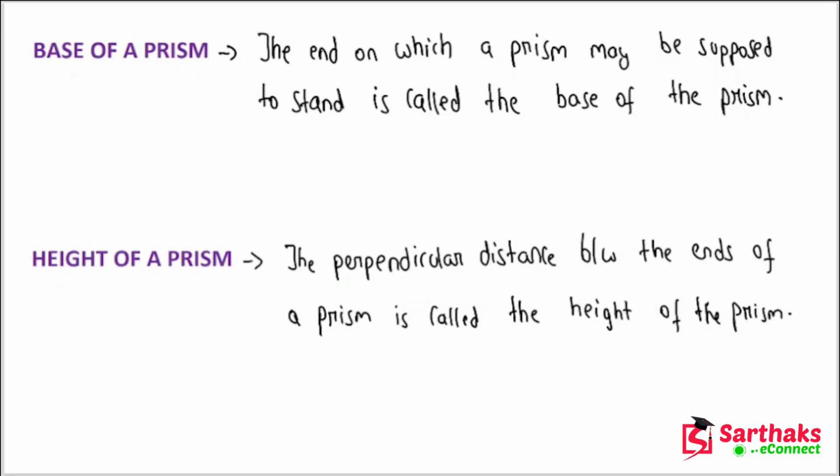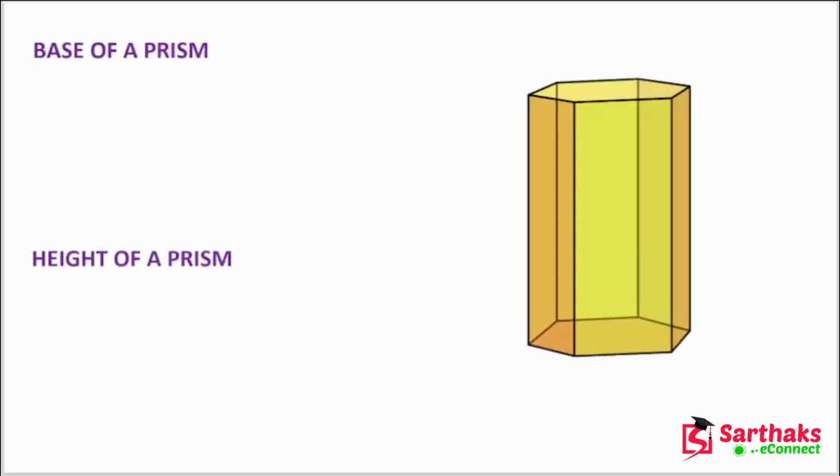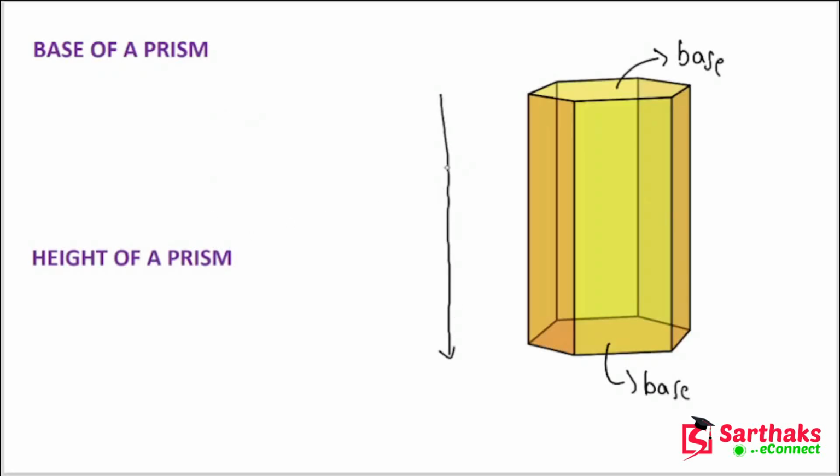Now if I have to show you what base and height look like in a particular prism, let me show it with the help of a figure. In this particular case, if we talk about the base, then this is a base, this is also a base, right? If I have to talk about the height, then this perpendicular distance from one base to another is called height.